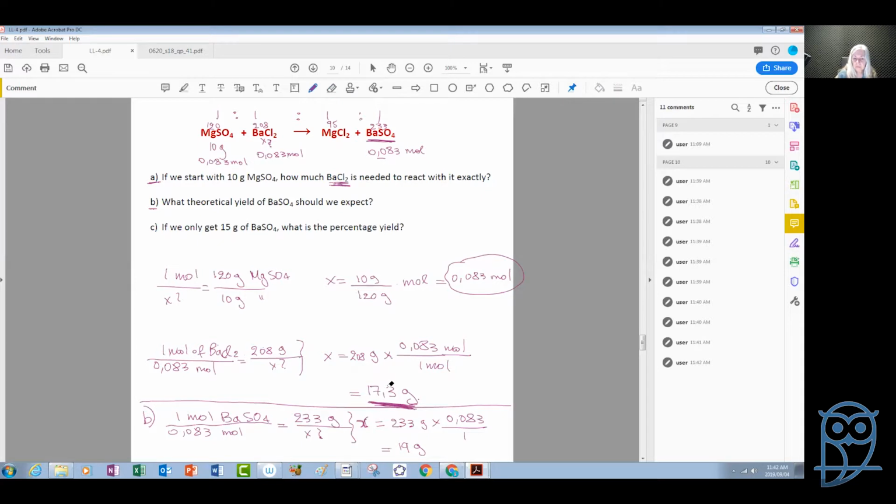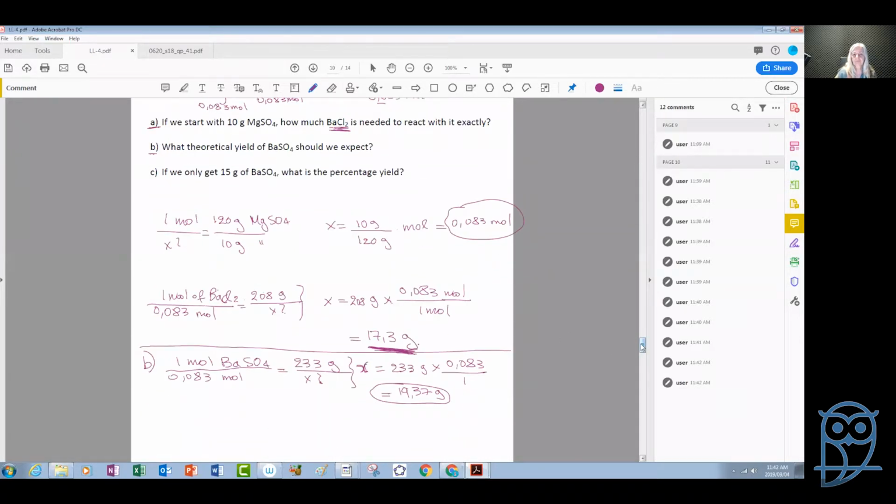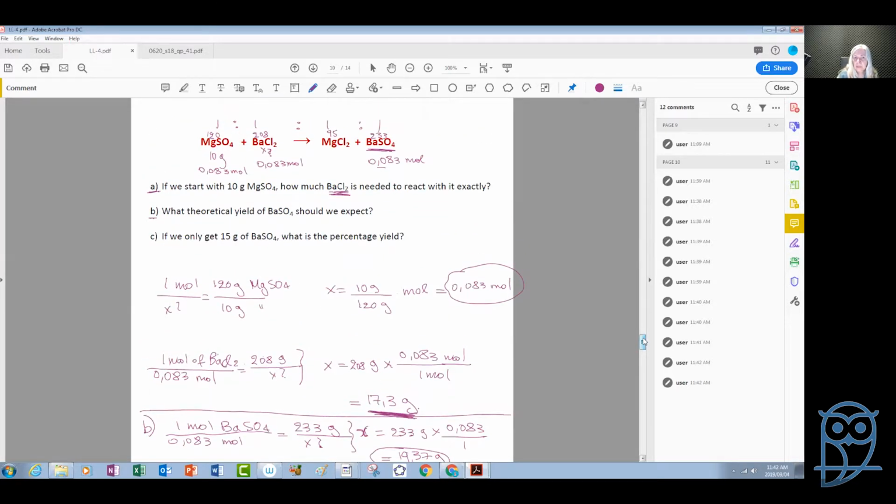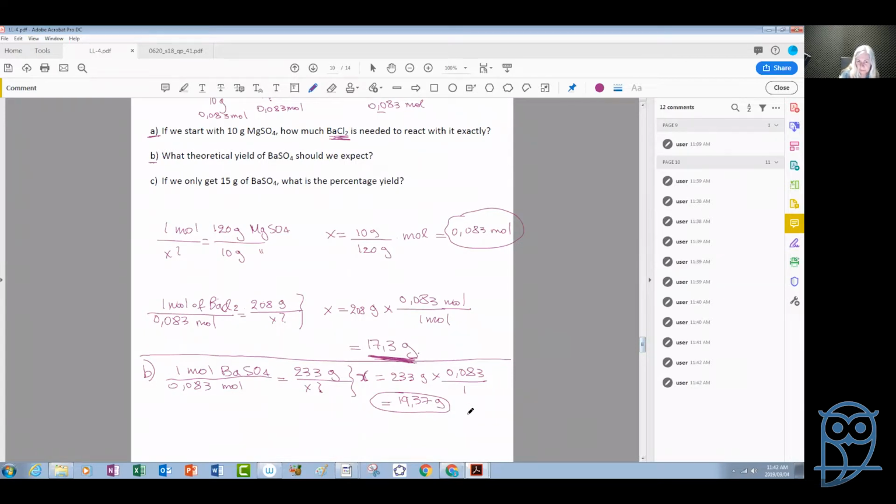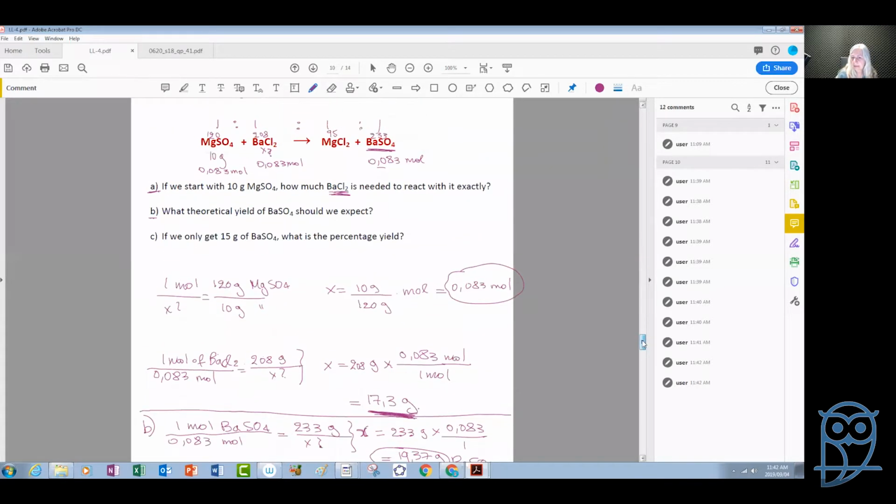Maybe write the decimals, why not? 19.37 grams, I find. This is the expected mass of barium sulfate, the theoretical mass that we expect if we start with 10 grams of magnesium sulfate.